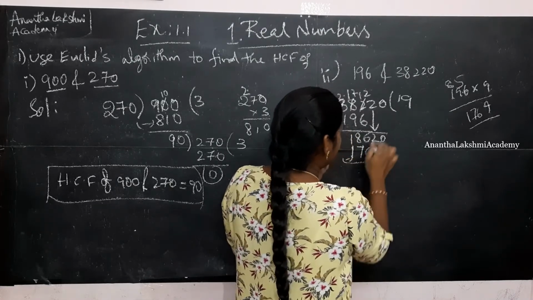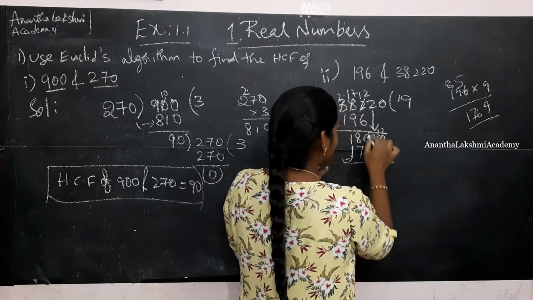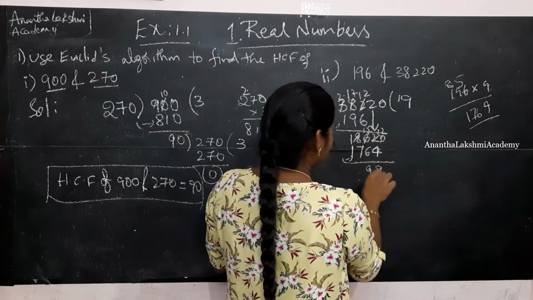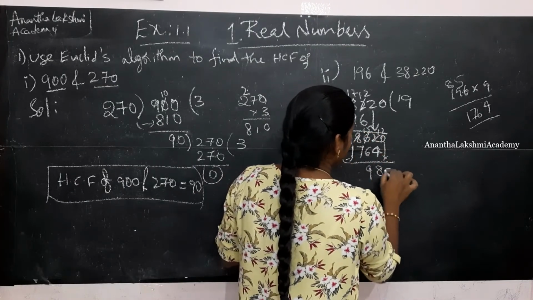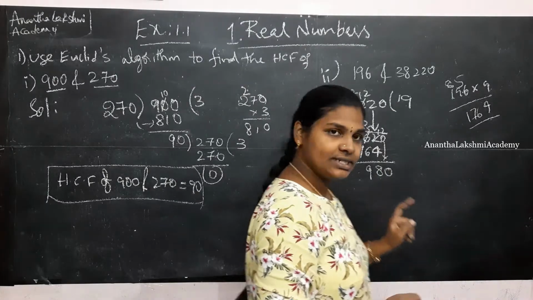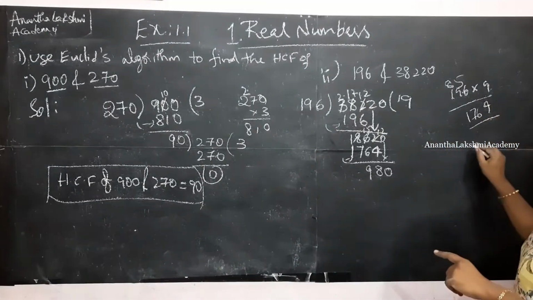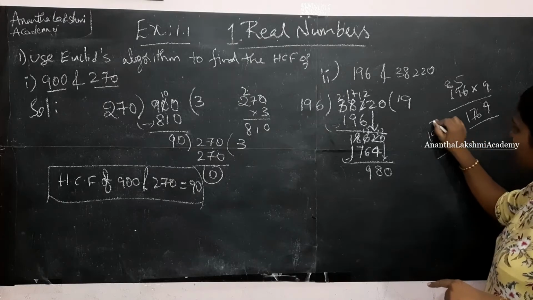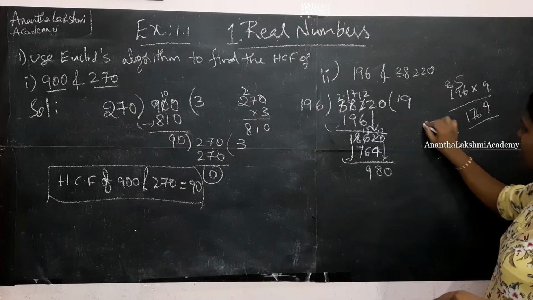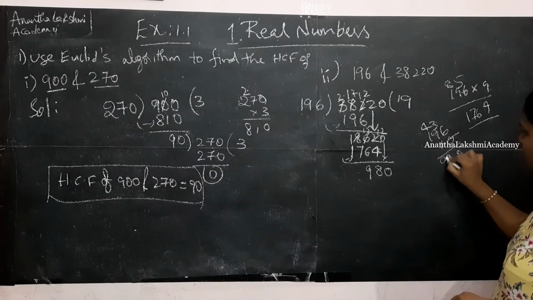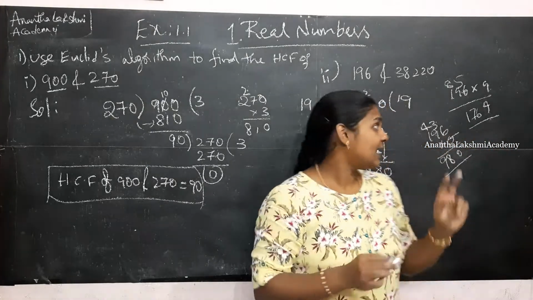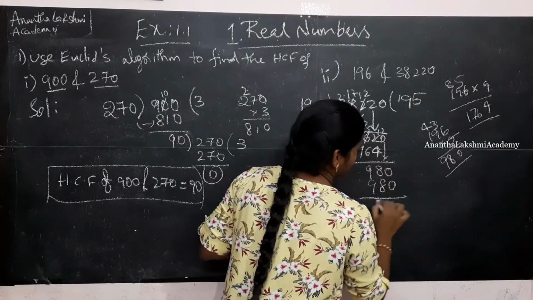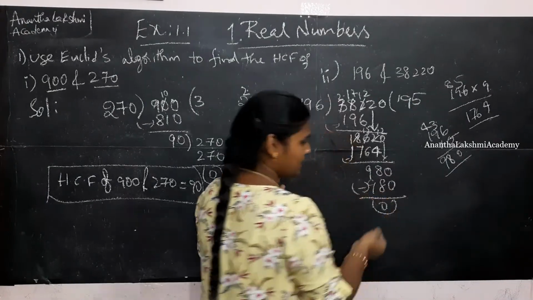Now do the subtraction part. 12 minus 4 is 8, 15 minus 6 is 9, and now get the 0 downstairs. This is going to become 980. Now let me try 196 fives. 5 sixes are 30, 5 nines are 45, 48, 5 ones are 5. So 196 fives are 980, and when we do the subtraction, this is 0.